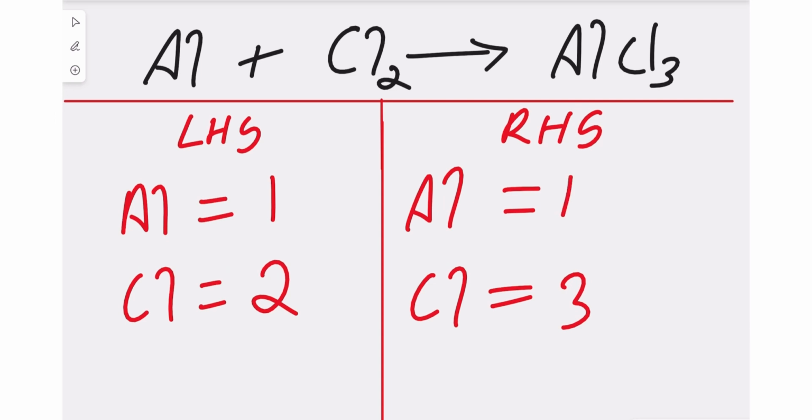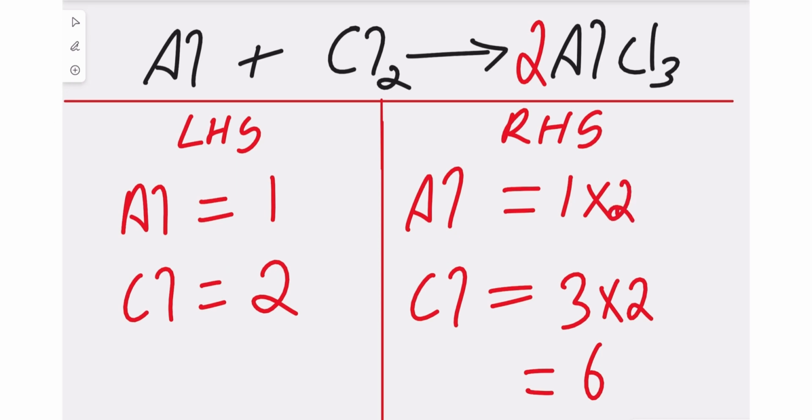So we're going to start off by balancing the chlorine atoms first on the right hand side. So we're going to be adding 2 in front of AlCl3, which is going to make the chlorine atoms 3 into 2, which is equal to 6, and it's also going to change the number of aluminium atoms, which is 1 into 2, which is equal to 2.